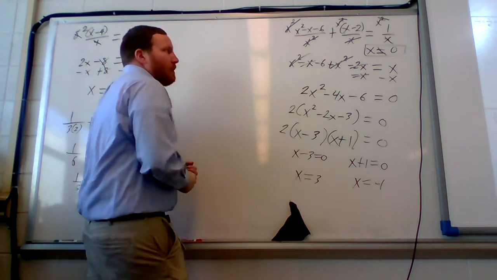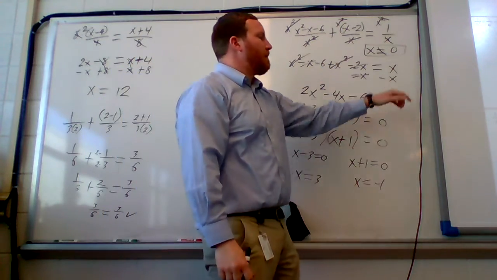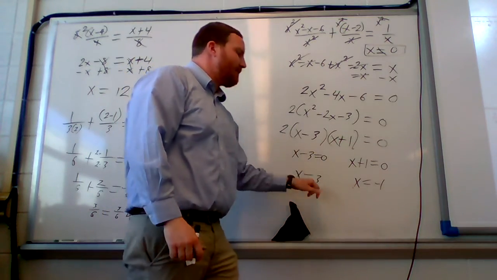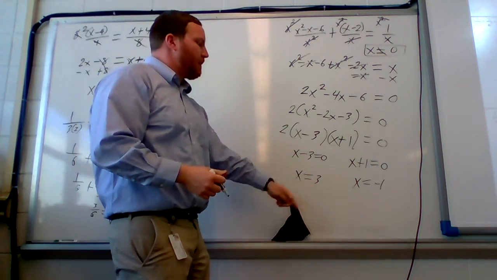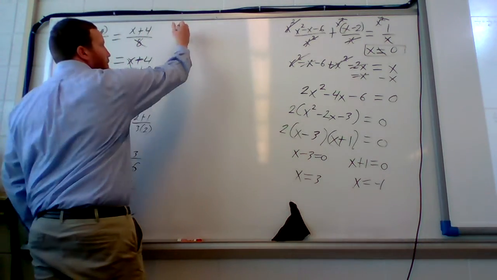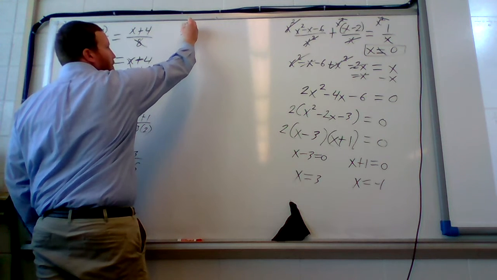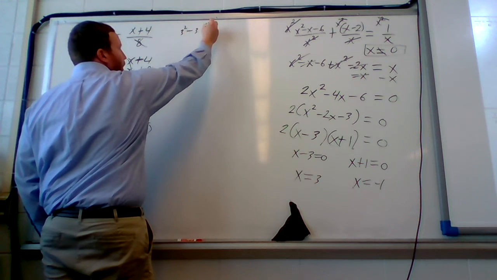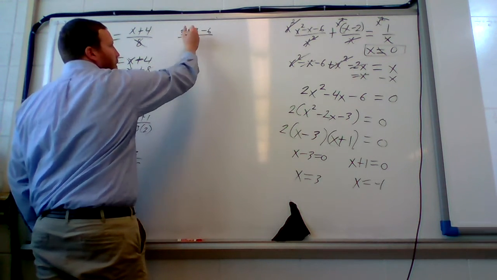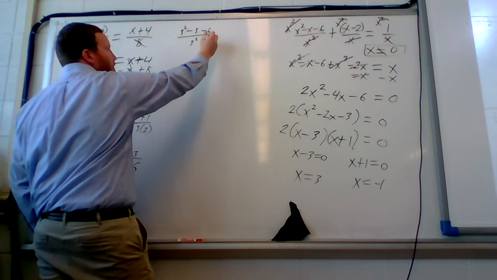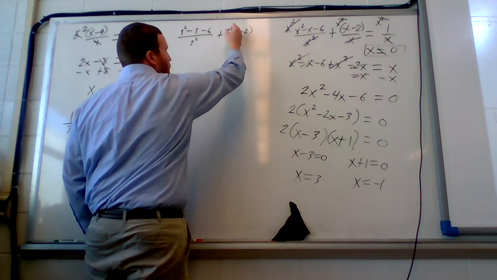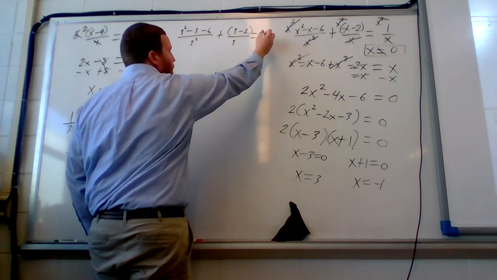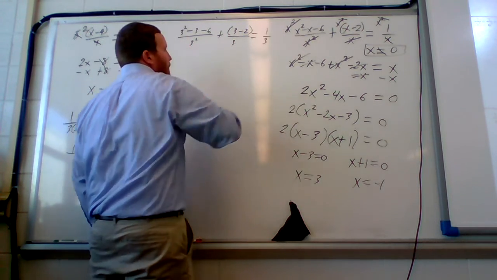We said 0 is excluded, but we still want to check to see if those are real solutions or not. So let's plug it in. Let's do 3 first. We got 3 squared minus 3 minus 6 over 3 squared plus 3 minus 2 over 3 equals 1 over 3.